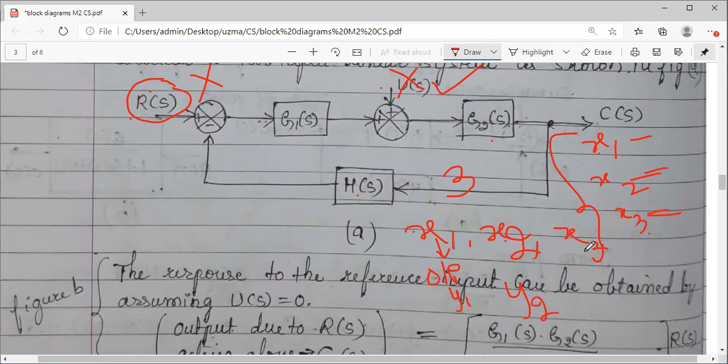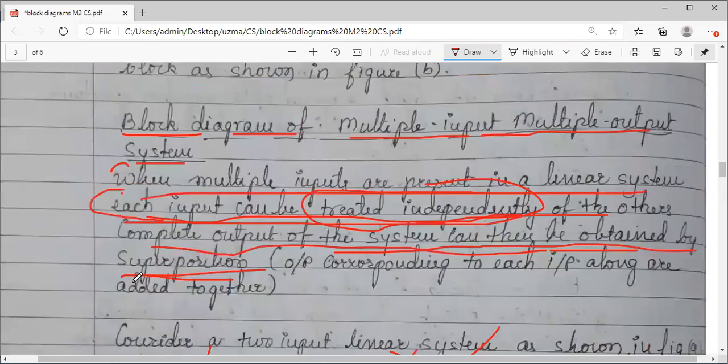And similarly, third time when I analyze, if I have x3 input, keeping x1 and x2 0, suppose I get y3 as the output, I have to go for superposition. I have to add all the results. Then I will be getting the complete output of the system. Okay, that's what the linear system and the superposition means.